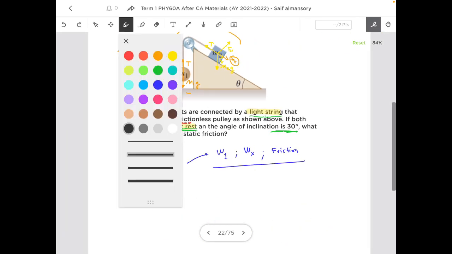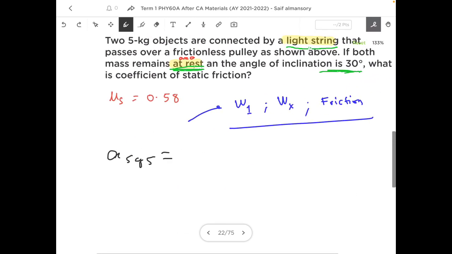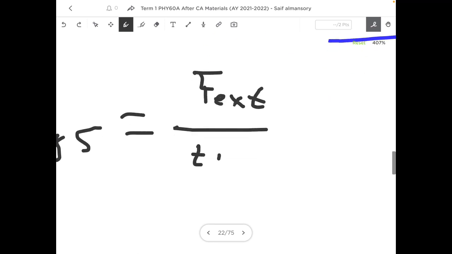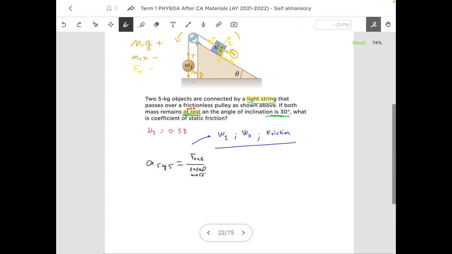So let's write our equation. It will be a system equals external forces over total mass. Here in this situation, the acceleration is 0.